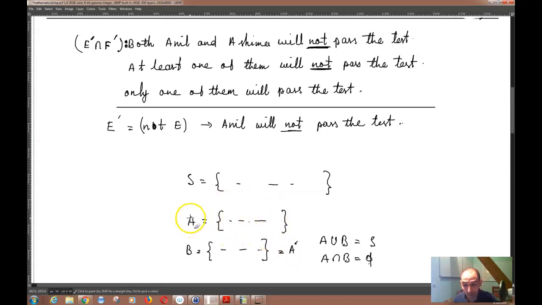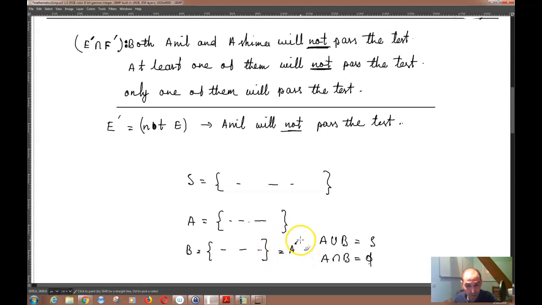So A prime is nothing but all the members of S that cannot be found in A. If I take, for example, A as the event that Anil will pass the test, and these are all the outcomes that favor that event, then all of the others will not favor event A, otherwise they would be a part of this set, right? So I can call them A prime.